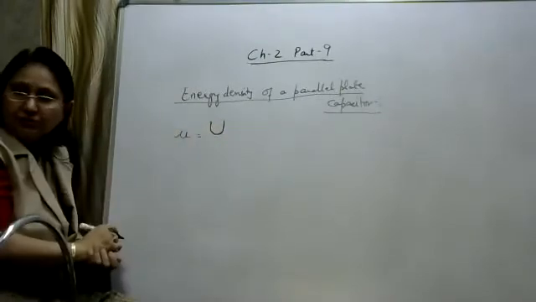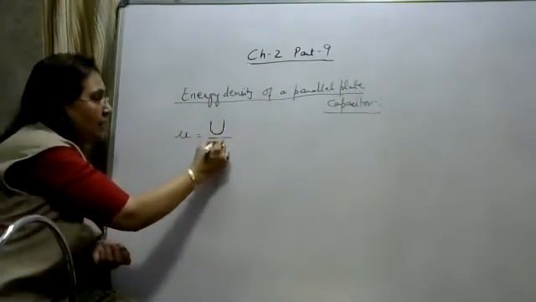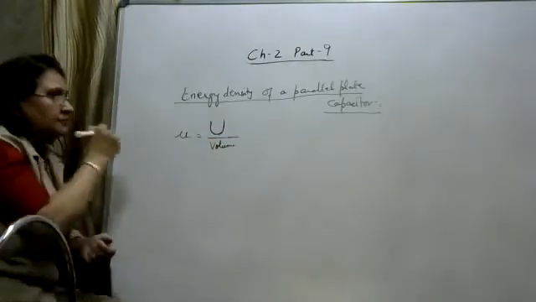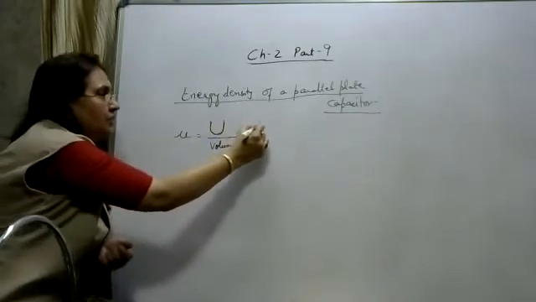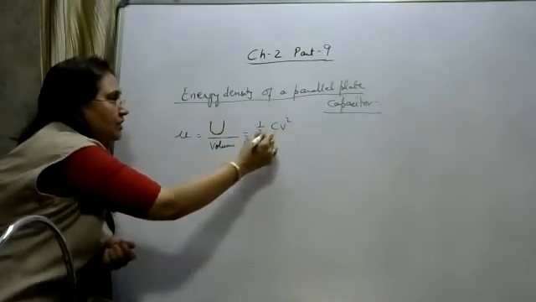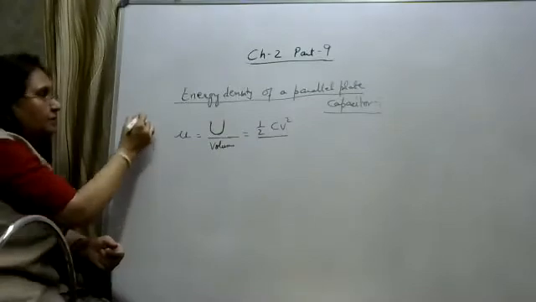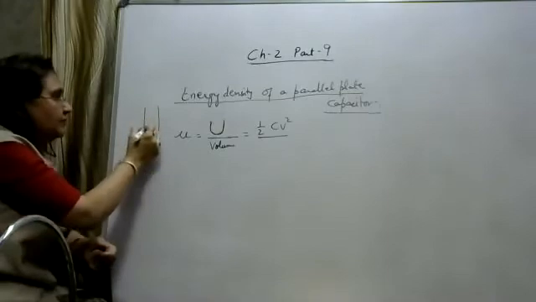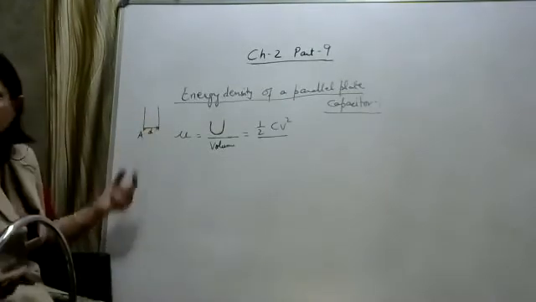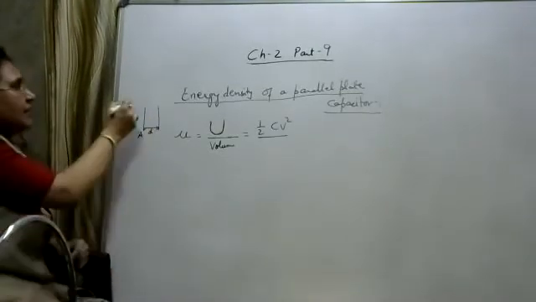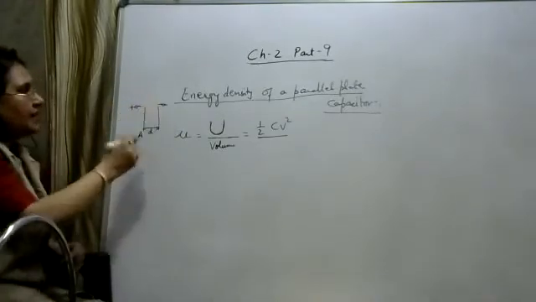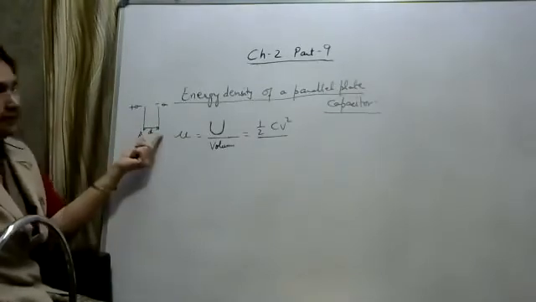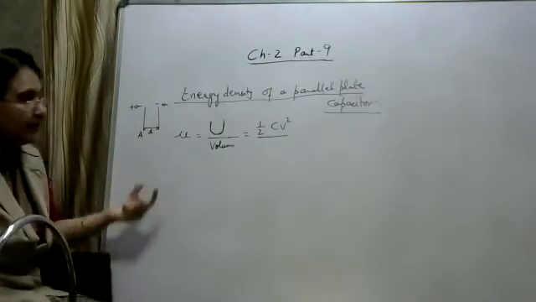Just now we found out the energy stored in the capacitor. U here we know is equal to half CV square. Now what is the volume of the capacitor? The area of the plates is A and they are separated by D distance. This is a parallel plate capacitor, one having plus sigma surface charge density, the other having minus sigma surface charge density, separated by D distance by some dielectric medium.